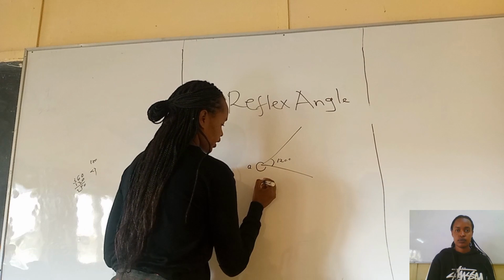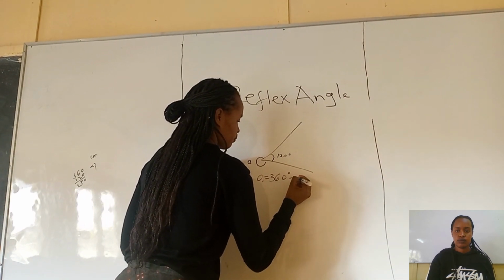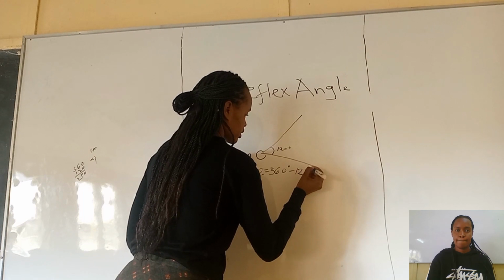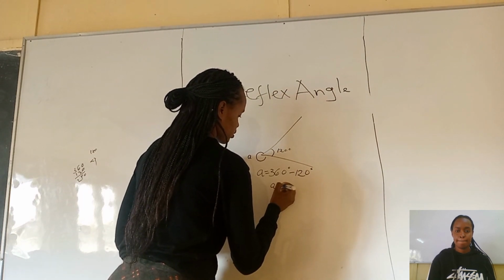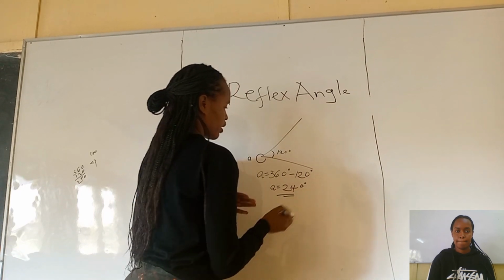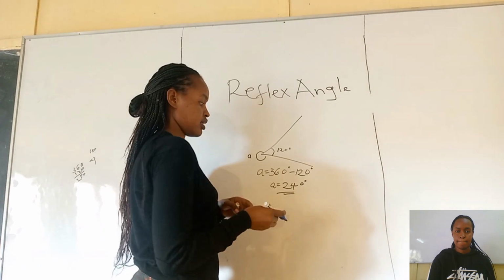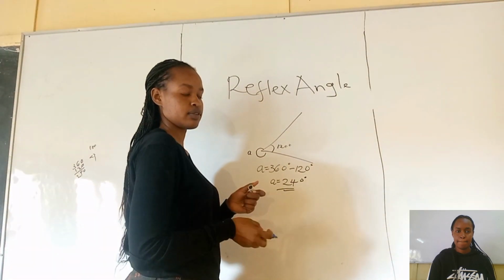So you're going to say A is equal to 360 degrees minus 120 degrees. So A is equal to 240 degrees. This one is going to be our reflex angle because it is an angle that is more than 180 and less than 360 degrees.